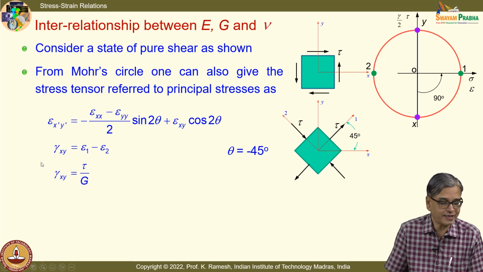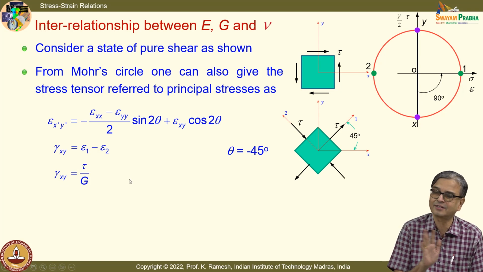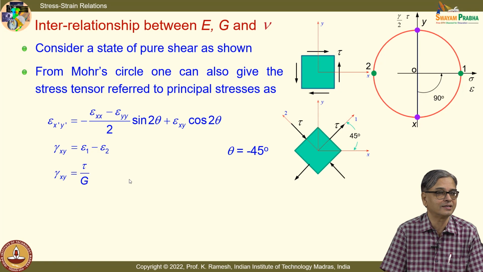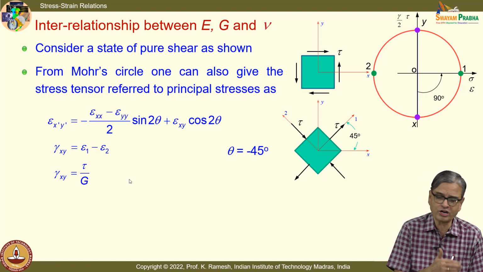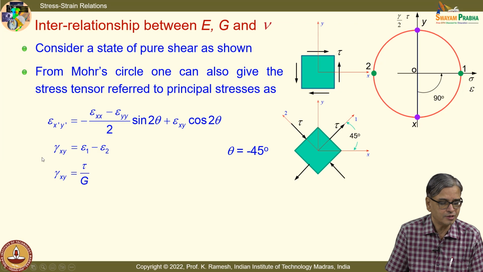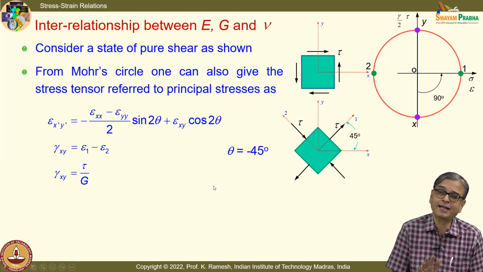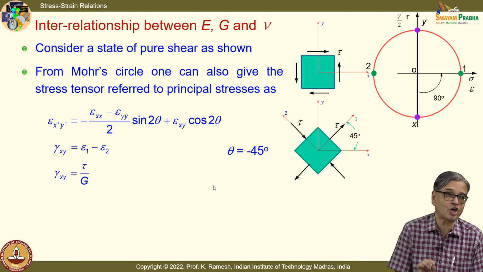Before that, we have the identity that gamma xy is equal to tau by G. You should understand this is tau xy. Since we are dealing with interrelationship, and even if I do not write the symbol, you should implicitly understand in the context it goes to tau xy by G.